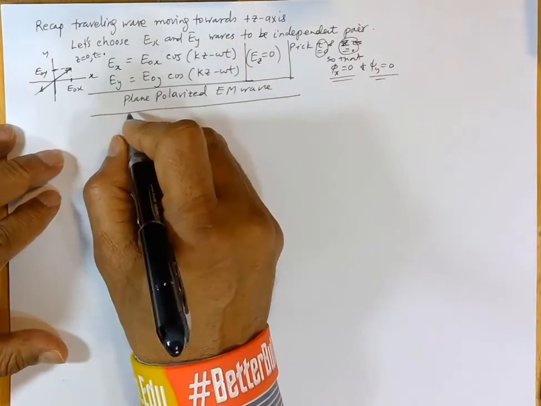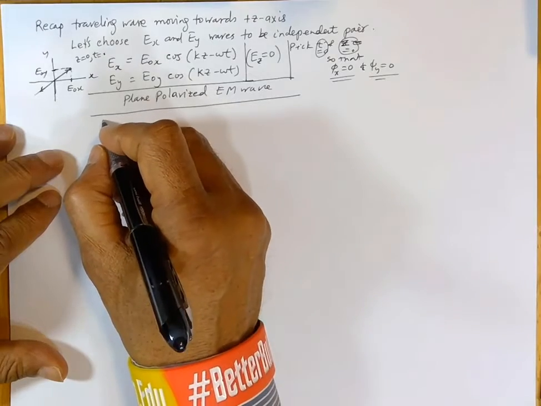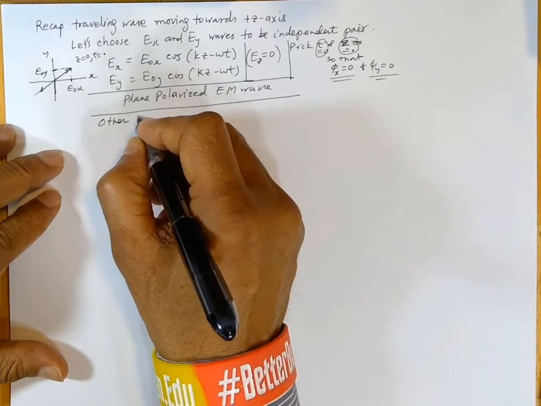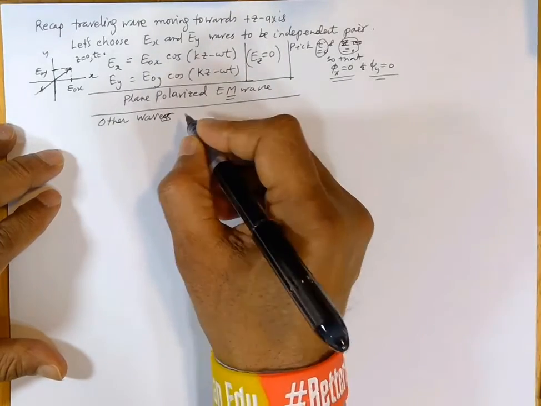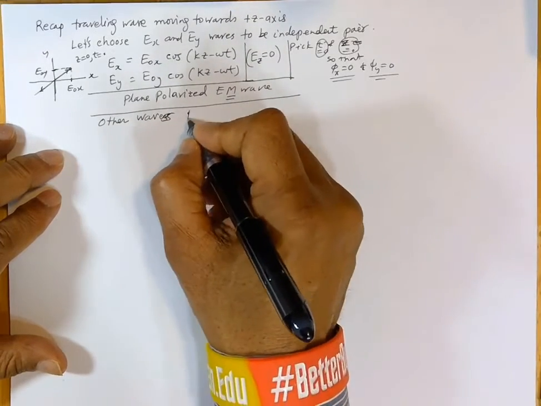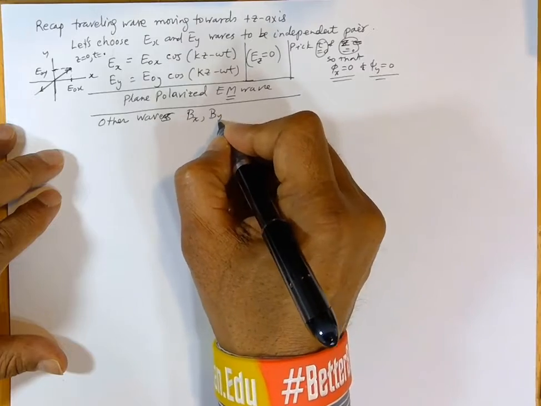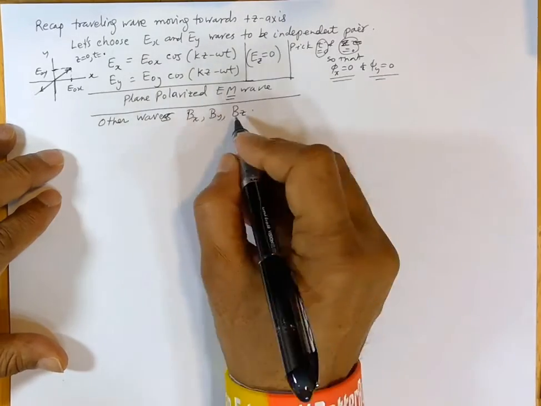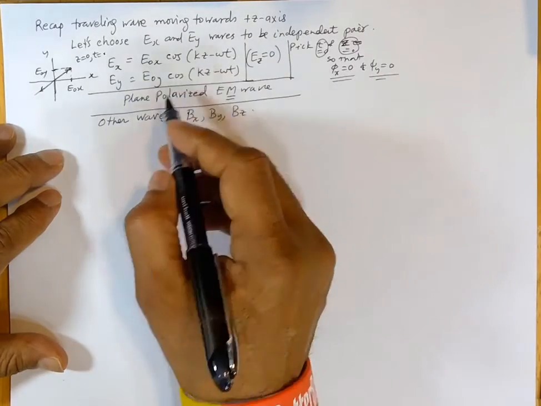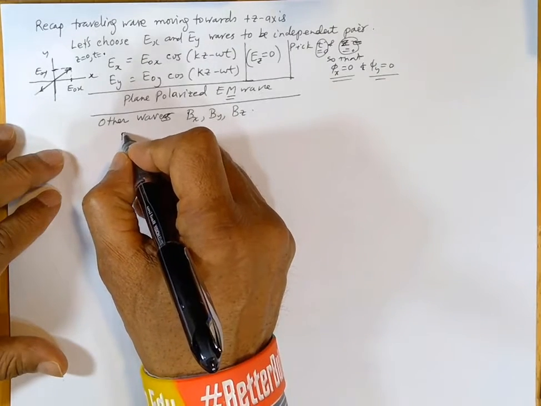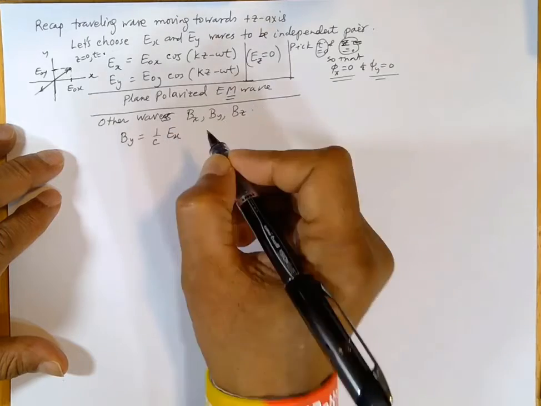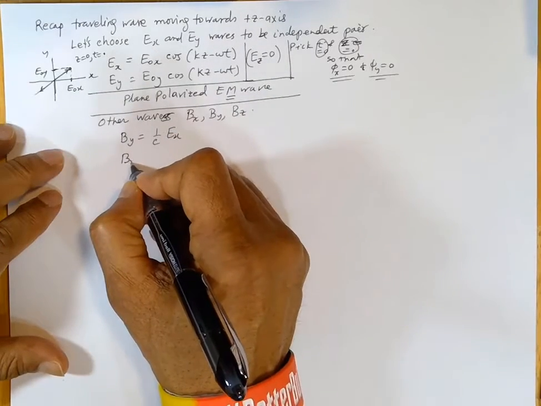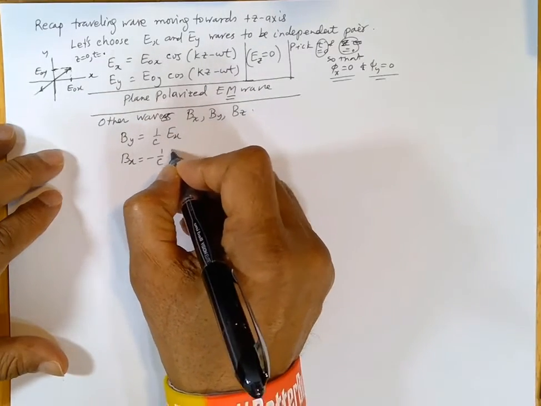But right now we need to say other waves that are associated with the magnetic part, right? Other waves will be the Bx, By, and Bz waves. And what do they look like? Once I know those things, I know By equals 1 over C Ex, and Bx equal to minus 1 over C Ey.